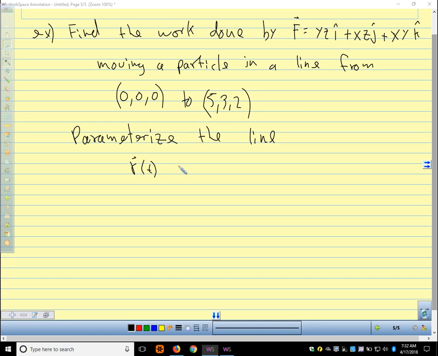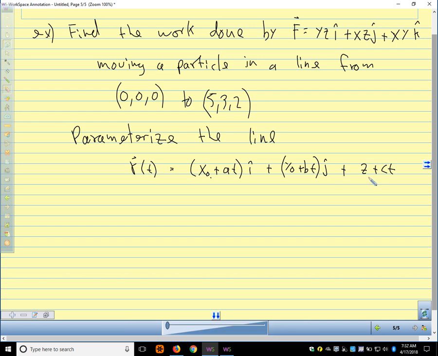R of t is x0 plus at i hat plus y0 plus bt j hat plus z0 plus ct k hat. Where x0, y0, z0 is on the line.